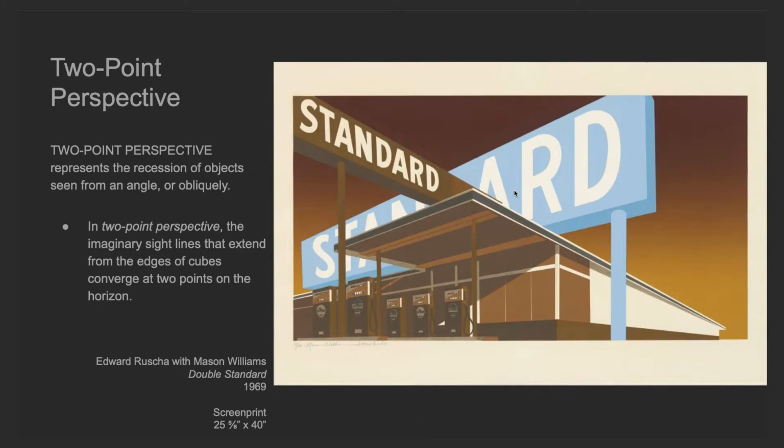Two-point perspective incorporates two sets of parallel lines that each recede into space, converging at two separate vanishing points. Side note, vanishing points, remember, are always on the horizon. The horizon is, of course, where the sky meets the ground.